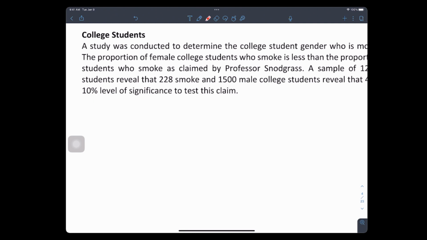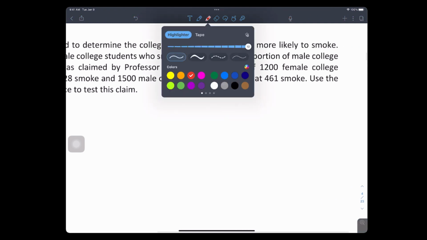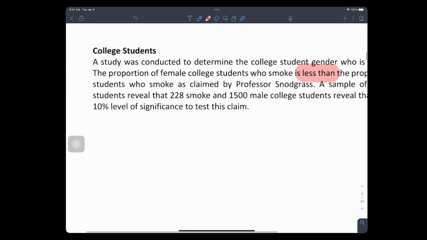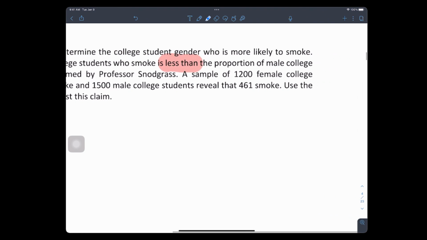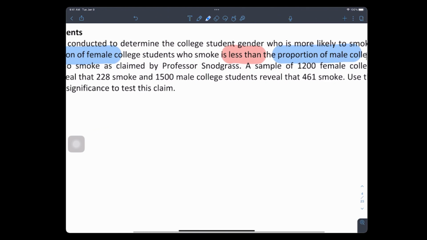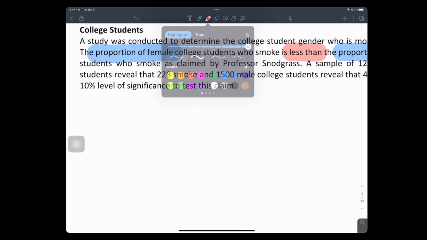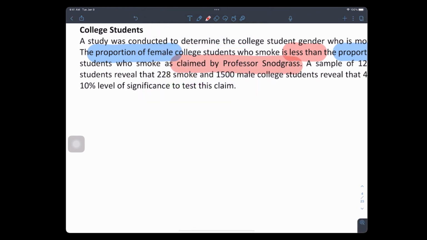The proportion of female college students who smoke is less than the proportion of male students who smoke, as claimed by good old Snodgrass.